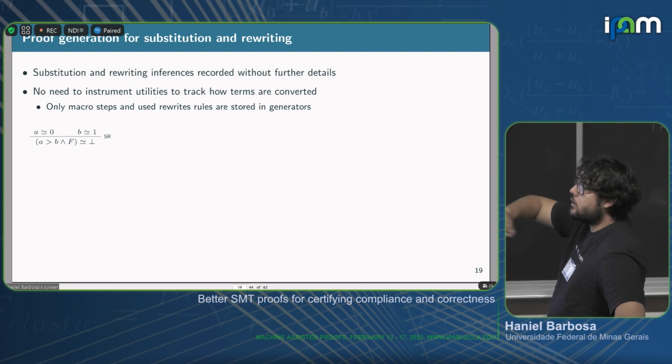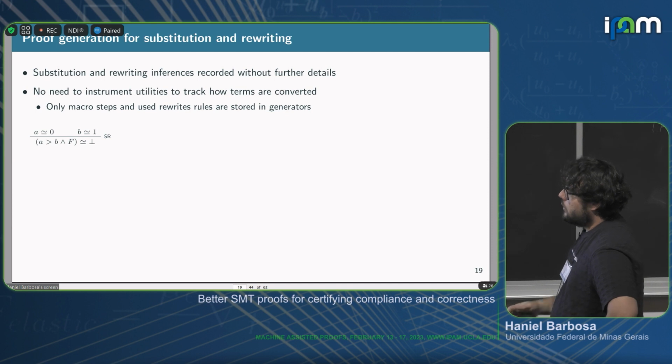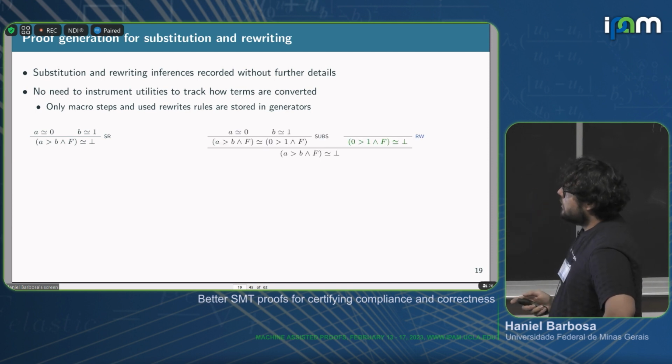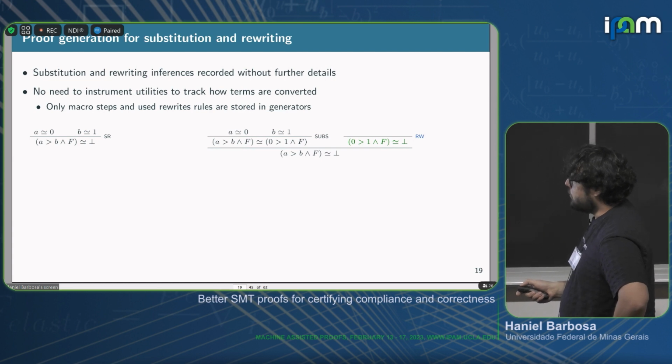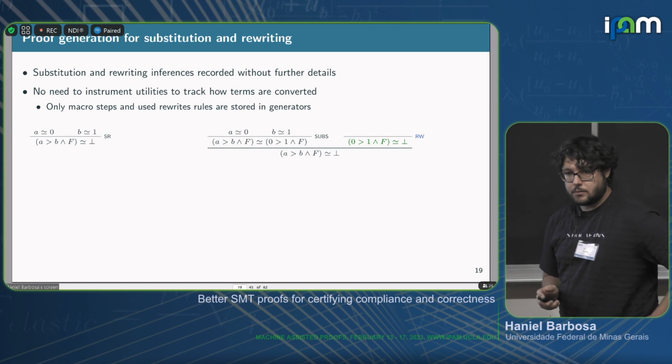So all of that is combined into this single rule. And only when I get to the end that I ask for a proof, I can expand that. So for example, this thing expands to this one, where I split the reasoning between the part of the substitution and the part of the rewriting.